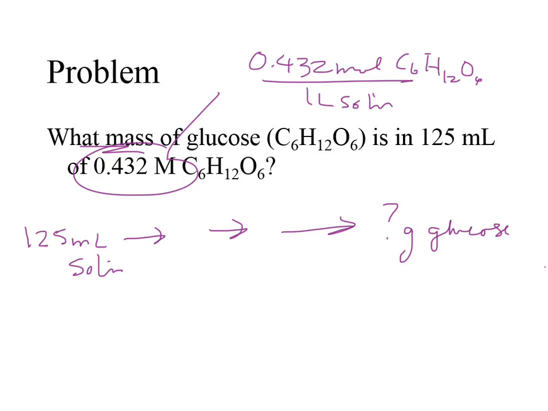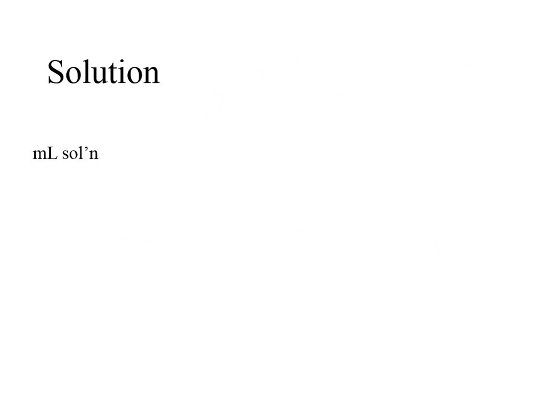So here we go, the diagram. We're going to use molarity as a conversion factor, but we can't use it with milliliters, so we have to convert milliliters to liters, and of course we've done that a lot, using 1 liter is equal to 1,000 milliliters.